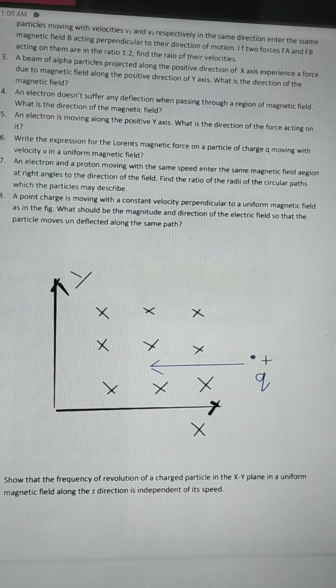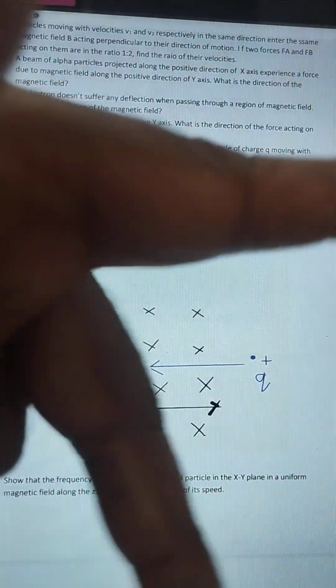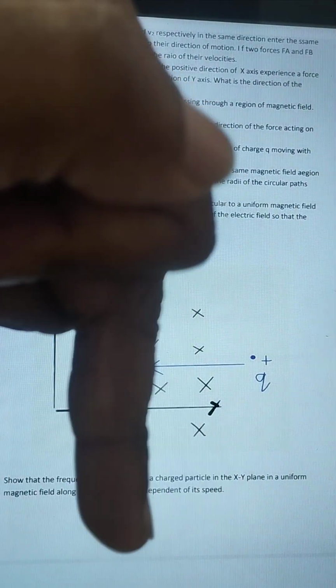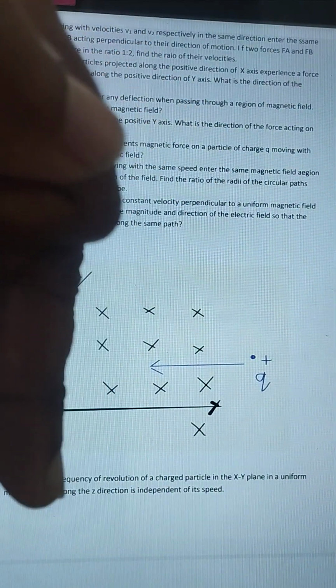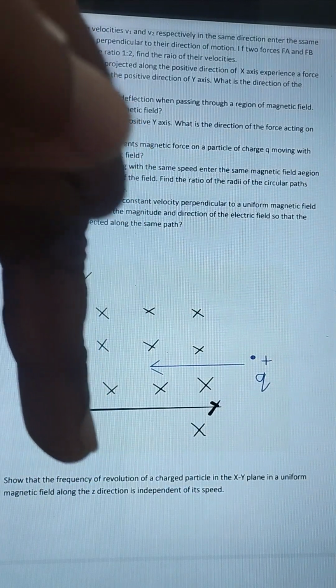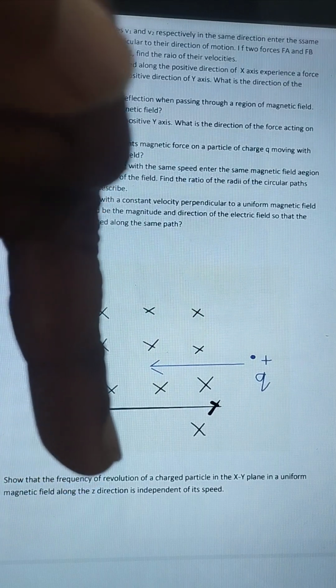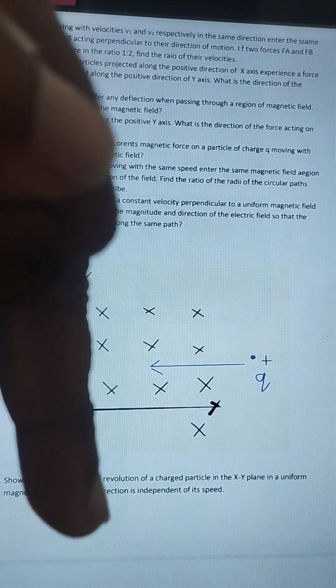We know the direction of current is opposite to the direction of motion of electrons. So if electron is moving in the upward direction, the current is along the downward direction. So aligning the fingers, this is the middle finger, and the current is in the downward direction.